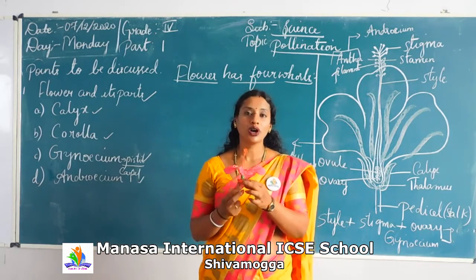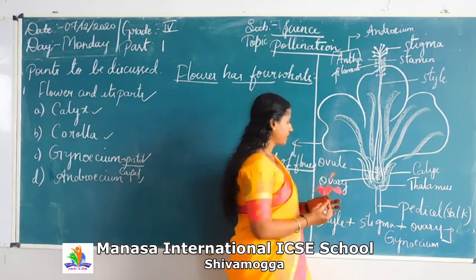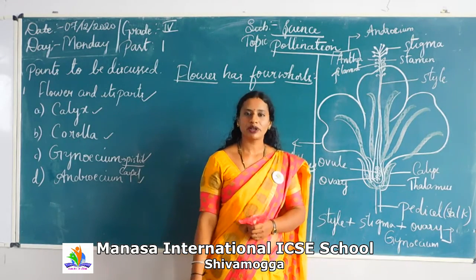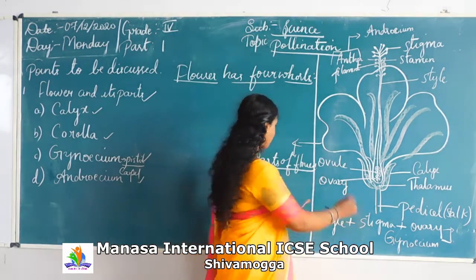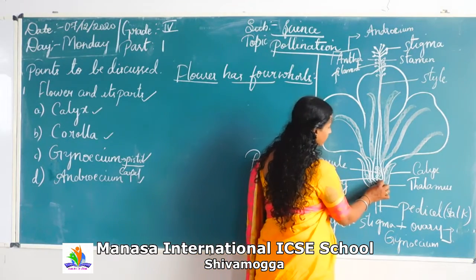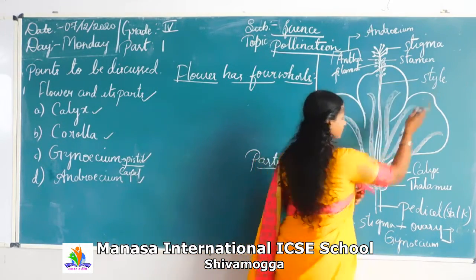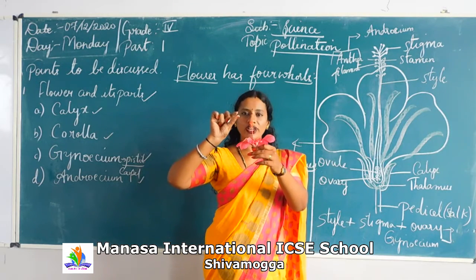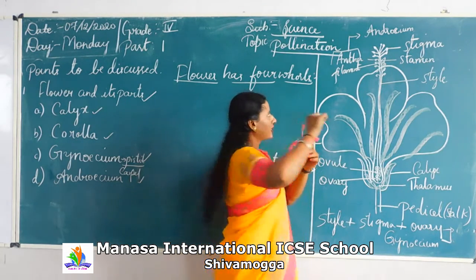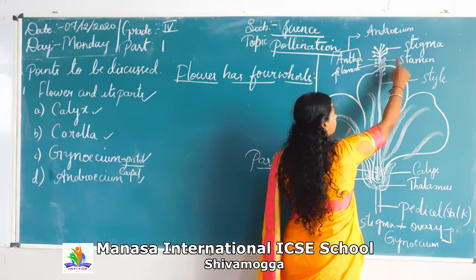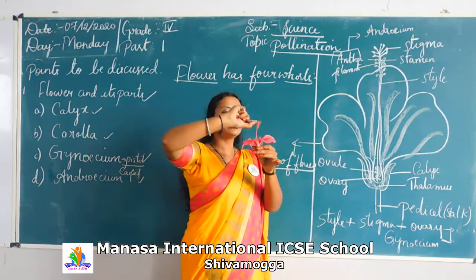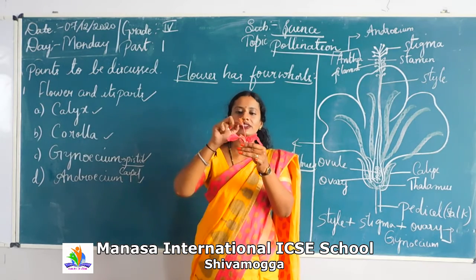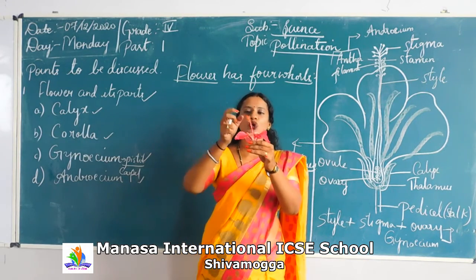The third whorl is the gynoecium, which is the female reproductive part. It consists of the ovary, right? The long style. Inside this there is a thick swollen ovary. Only the gynoecium is the ovary, the style, and the velvet-like structure at the top, right?